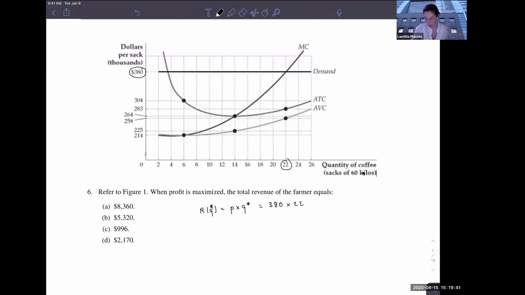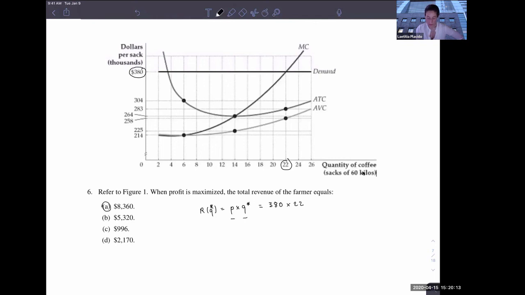And that's going to be 8,360. Okay. All right. So it's not part of the question, but now I would like to show you how we can find total revenue on the graph. To find total revenue on the graph, you just look at price times quantity.